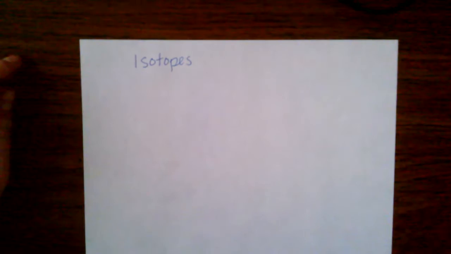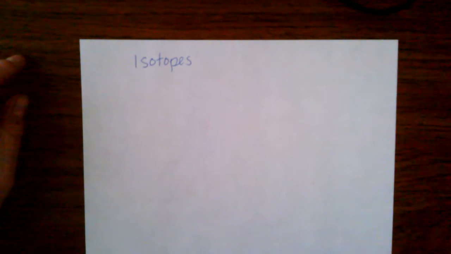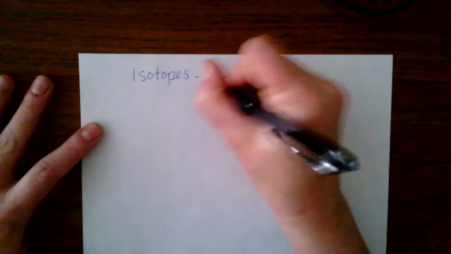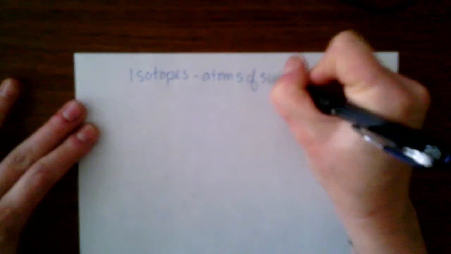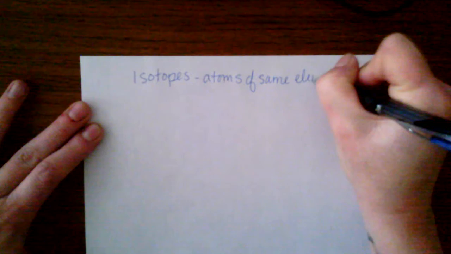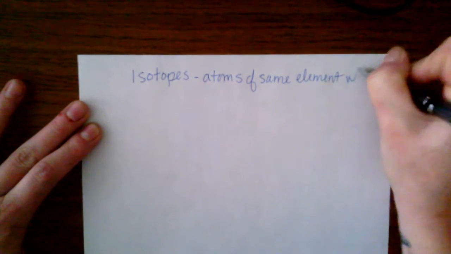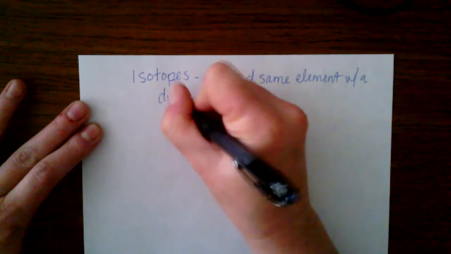I'm going to go over isotopes with you. I mentioned this in Dalton's atomic theory, that we have discovered that there are isotopes. So they're going to be atoms of the same element with a different number of neutrons.